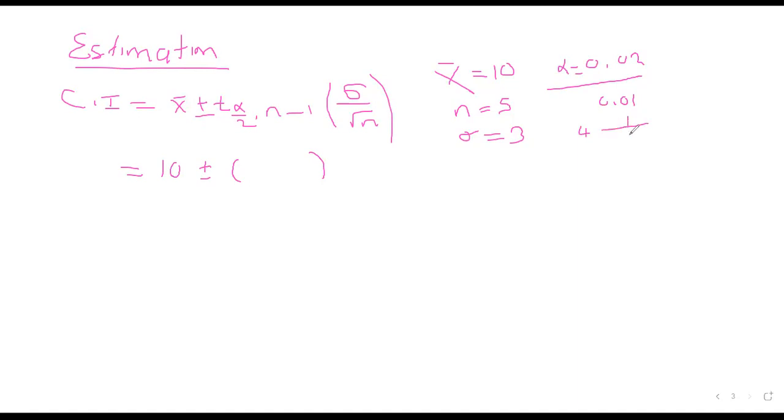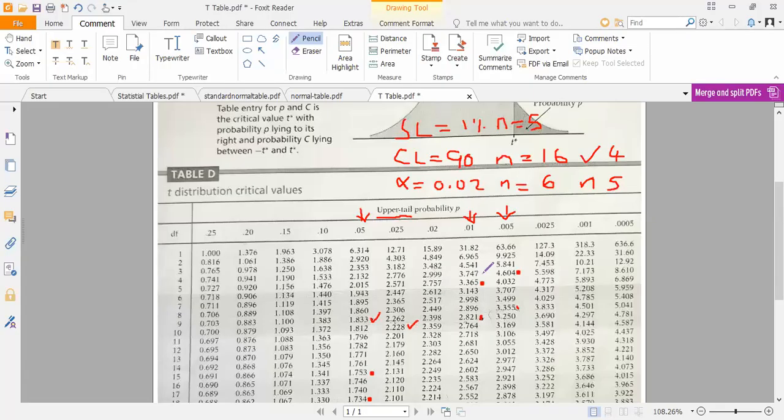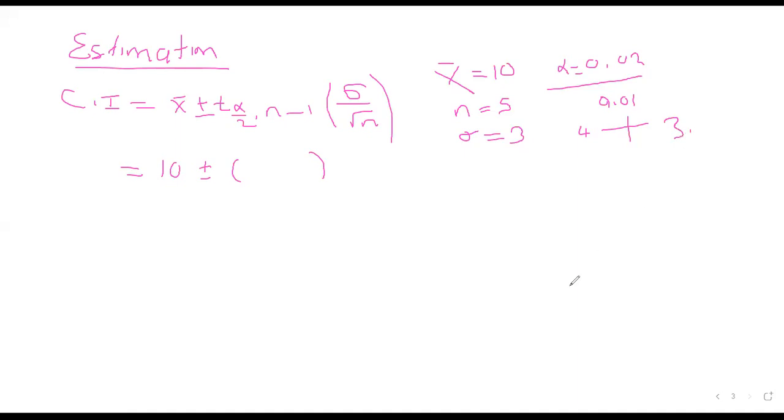So what is the reading here? 0.01 under 4. You go to your table and check 0.01 under 4. We get 3.747.